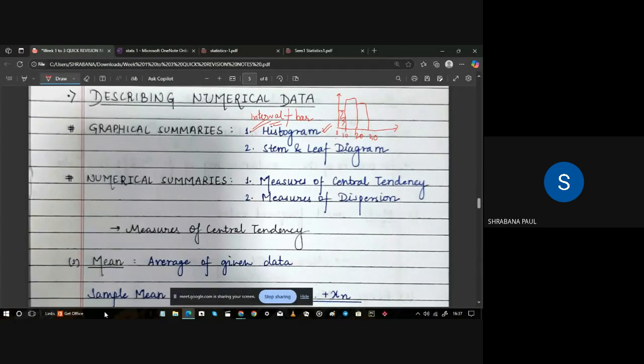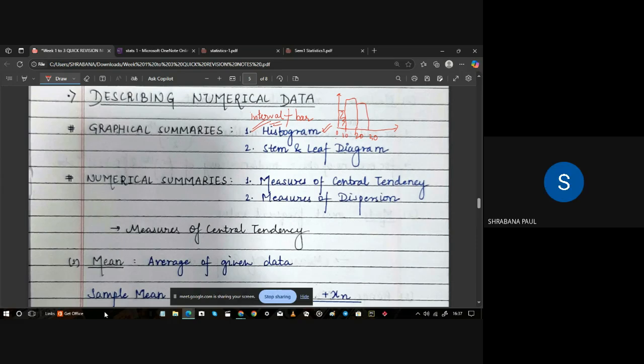Okay. Now coming to the stem leaf diagram. Do you have any kind of information about the stem leaf diagram? Yes, go ahead. Ma'am, the tens place digits are written in the stem and the ones place digits are on the leaf.